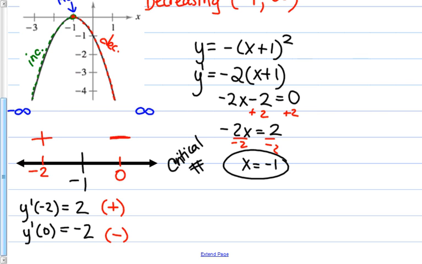And I can determine using my sign chart that from -infinity to -1, we're increasing. And from -1 to +infinity, we're decreasing because it's negative. Another way to look at this, if I erase that real quick.